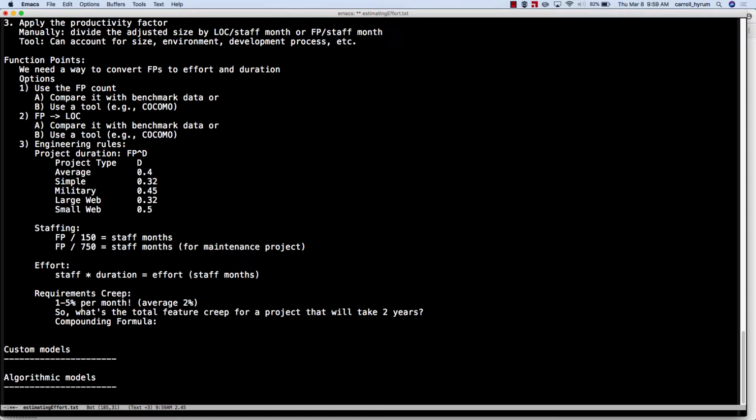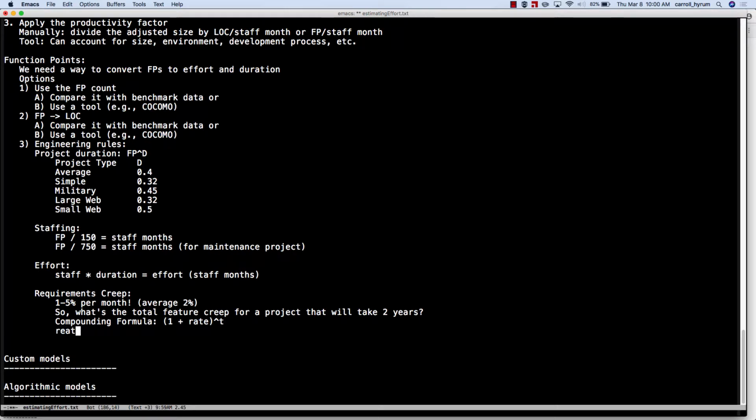Anybody know the formula? Okay, we're having transferable skill day again. The compounding formula is: you take 1 plus the rate, raised to the time. This is the simplified formula. Often you take the rate divided by the number of periods and then raise it to the number of periods, like if you're compounding monthly, but this simplified version will work for today.